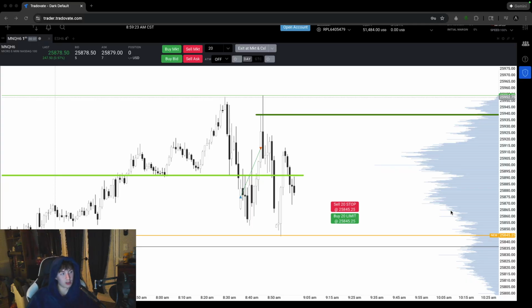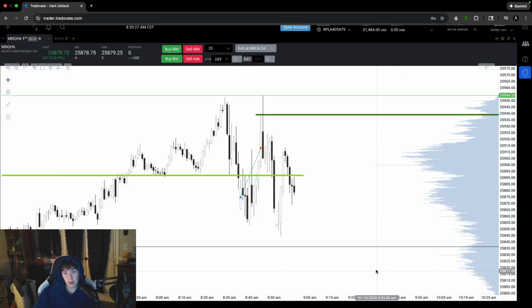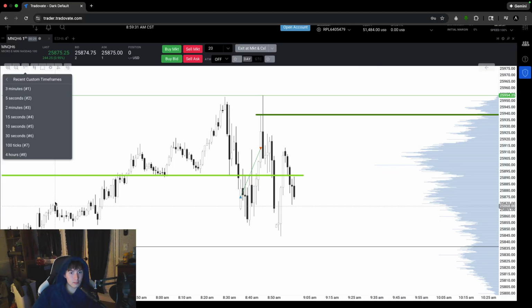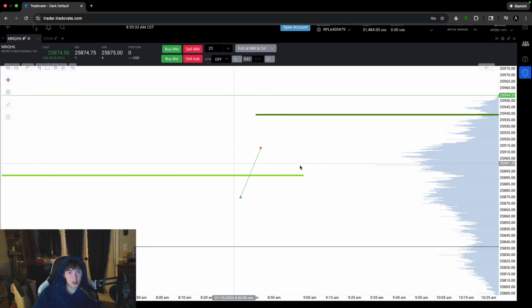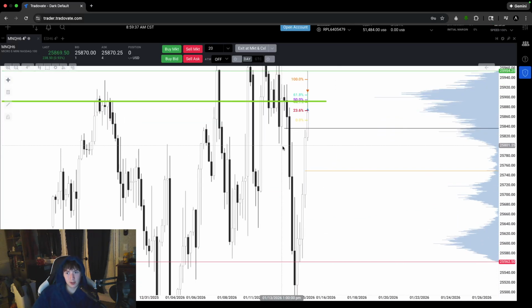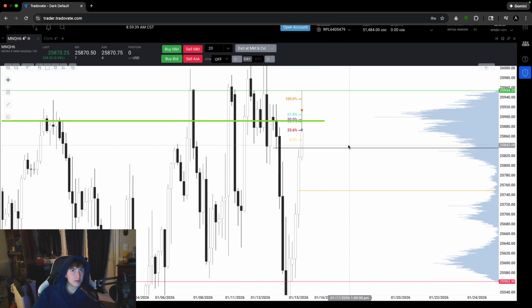I have a feeling it wants to come get this 4-hour inverse fair value gap though. Even though we haven't closed in it yet. This candle hasn't closed yet, so it's not officially an inverse fair value gap, so take it with a grain of salt.